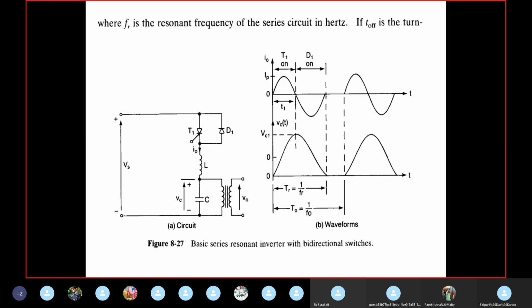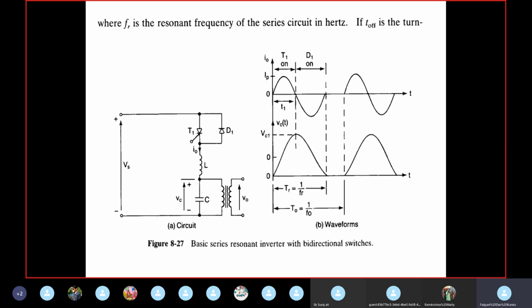Okay, so here we have seen that when the thyristor T1 is fired, a resonant pulse of current flows and T1 is self-commutated at t equal to T1, and then the resonant oscillation continues after the turn off of T1.